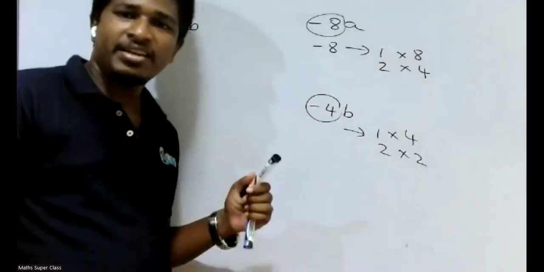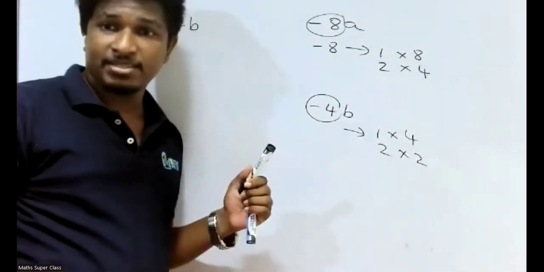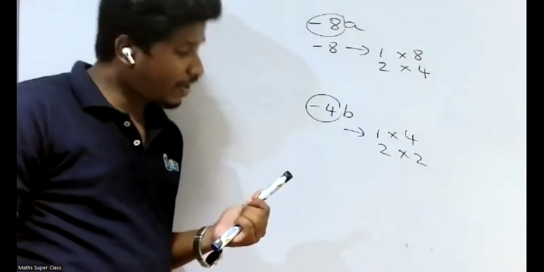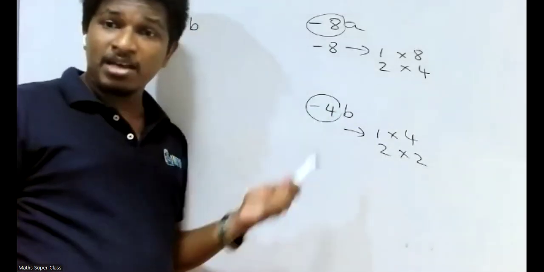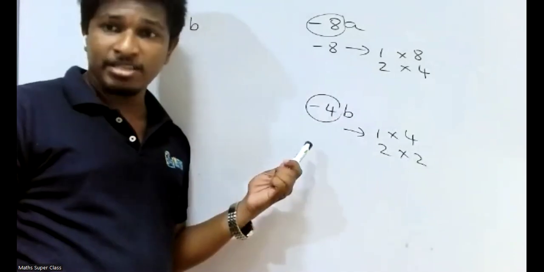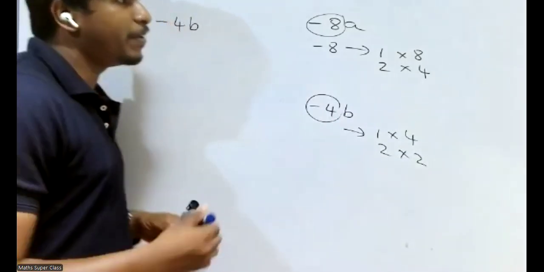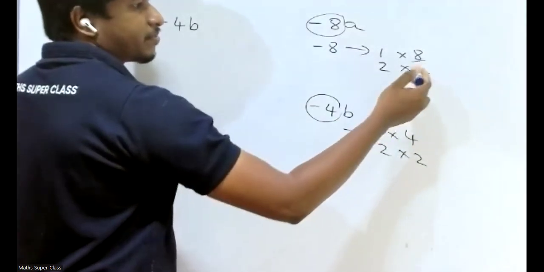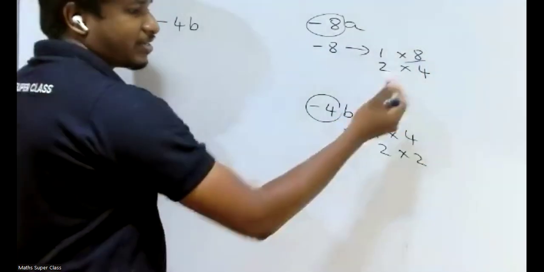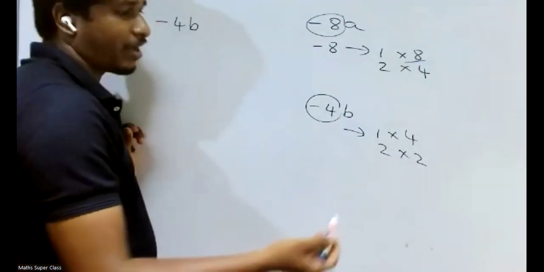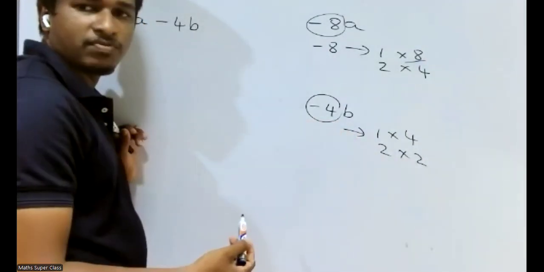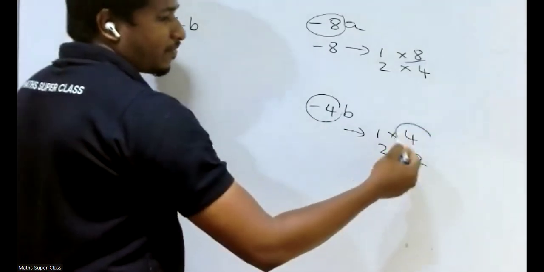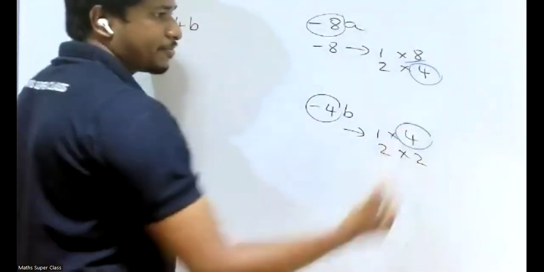Here we need to find the common things as factors. And in numbers we have to get the larger number, the big number. Here 8, but we can't see 8 as a factor of minus 4. But we can find 4 in both.